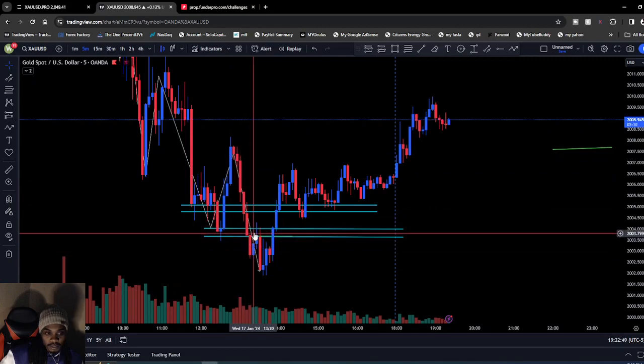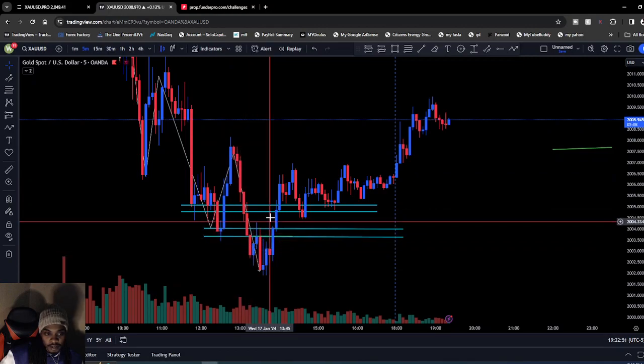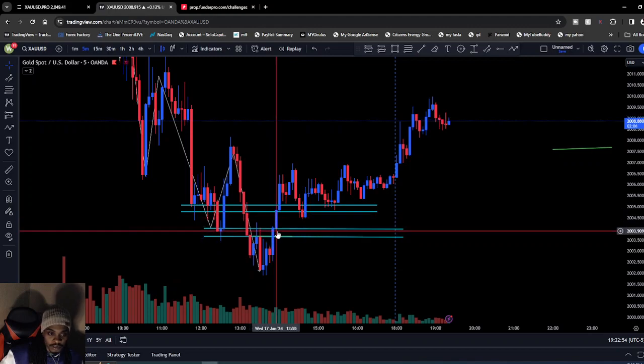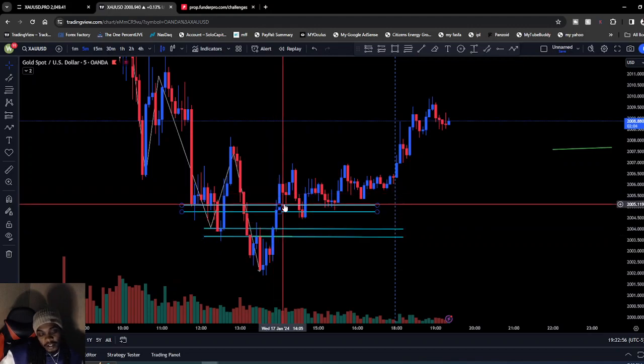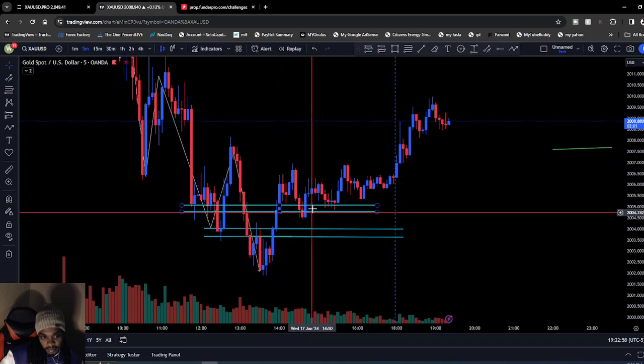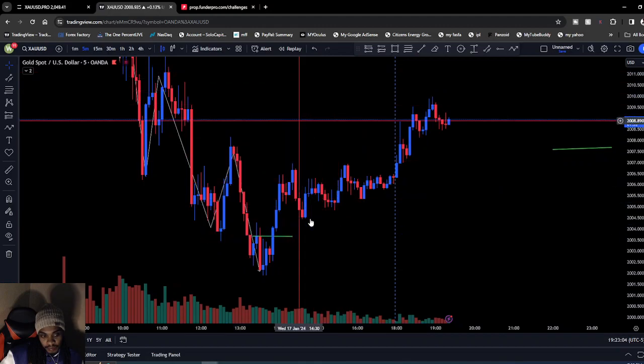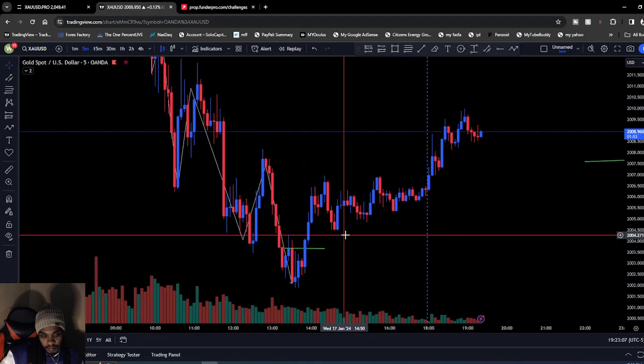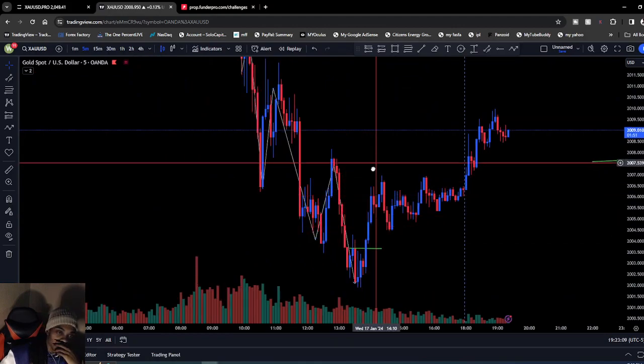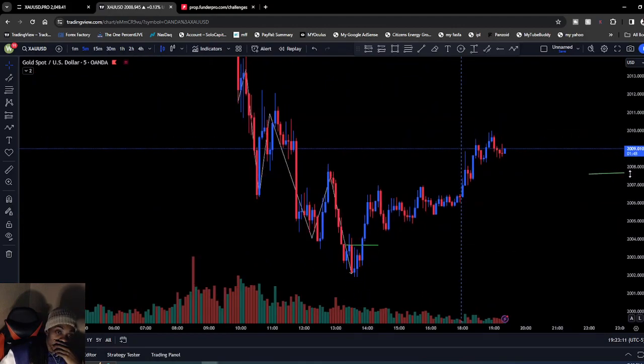This was support turn resistance for a little bit, came back up to it, used it as support, traded above it, resistance, support, so on and so forth. But yeah, that's the strategy.